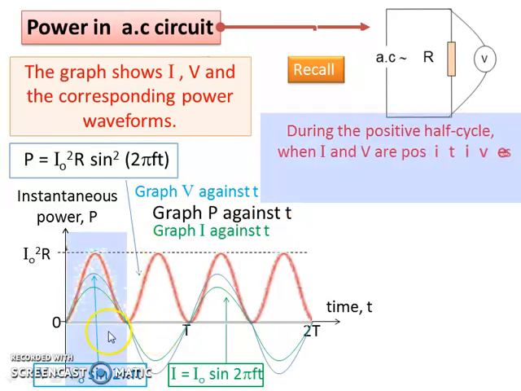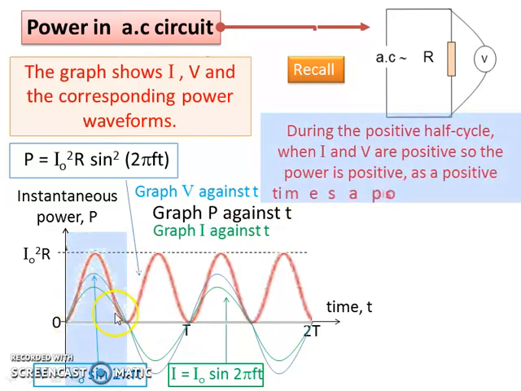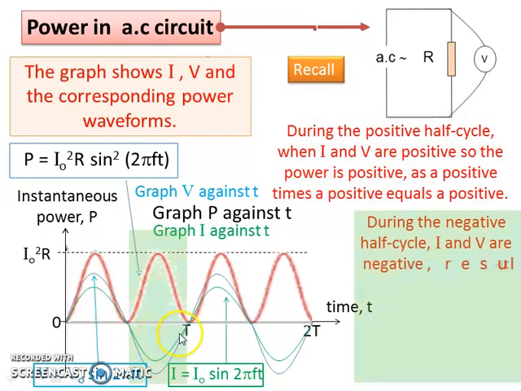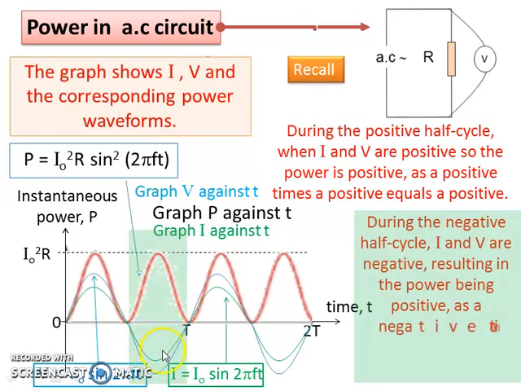So during the positive half cycle, I and V are positive, as positive times positive, we get power positive. During the negative half cycle here, I and V are negative, resulting in the power being positive, because negative times negative is positive.